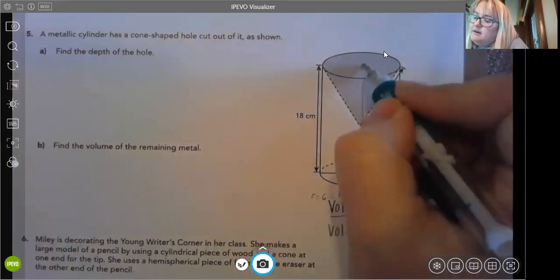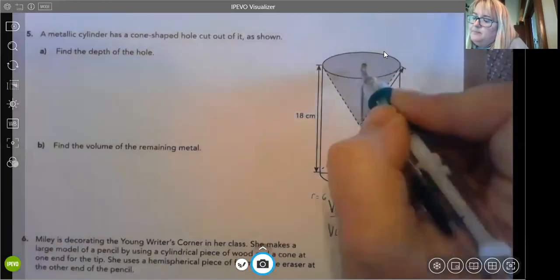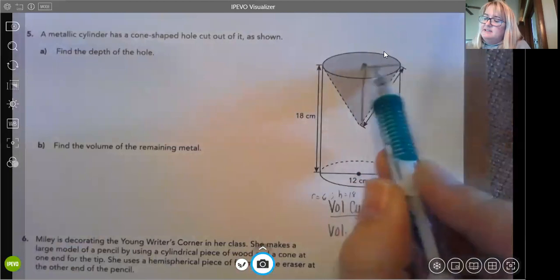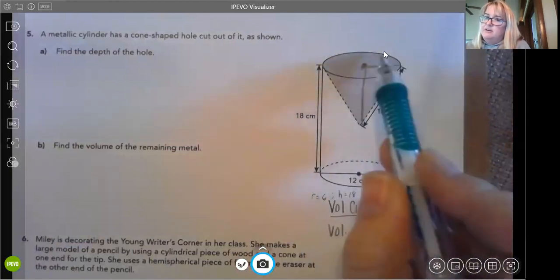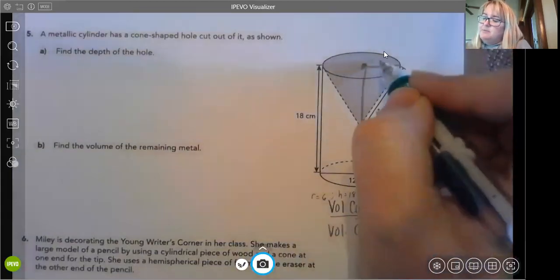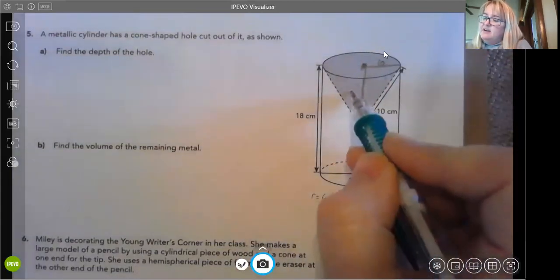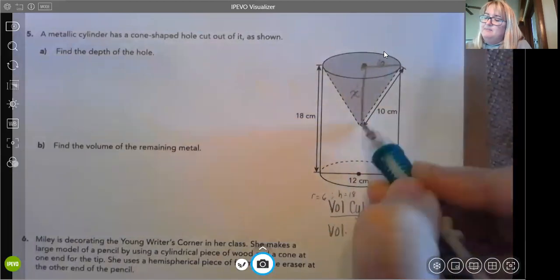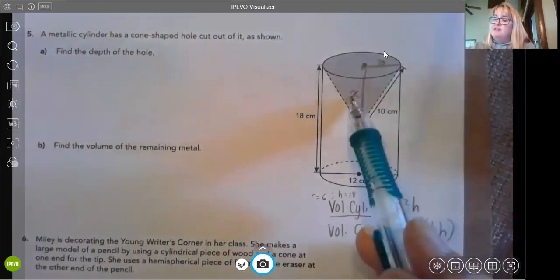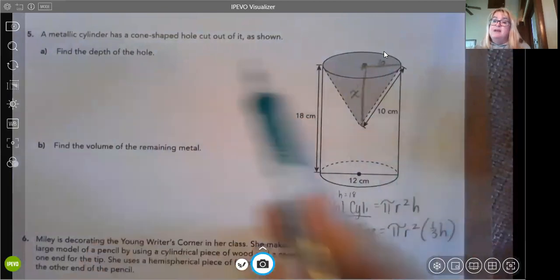This is the radius, and this circular face matches this one, so the radius would be 6. This is our unknown, but this is 10. So you can put this into the Pythagorean theorem to find the depth of the hole.